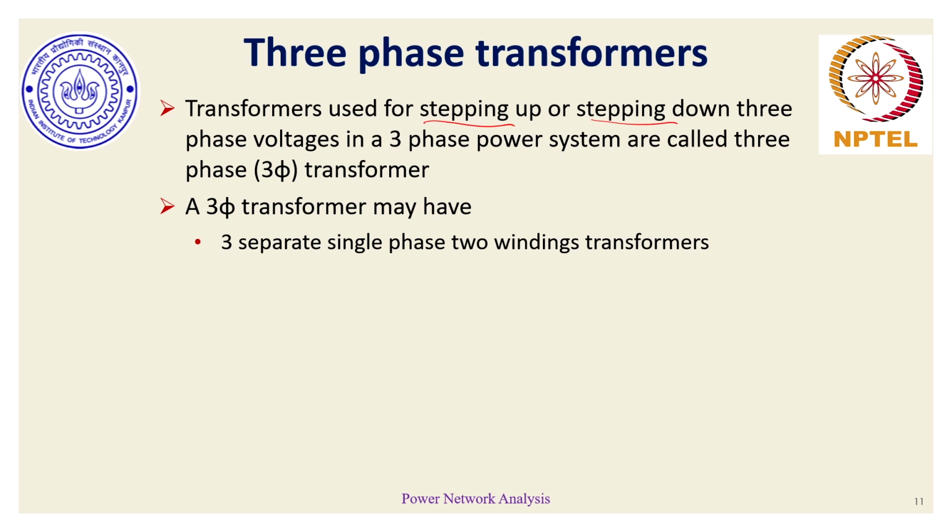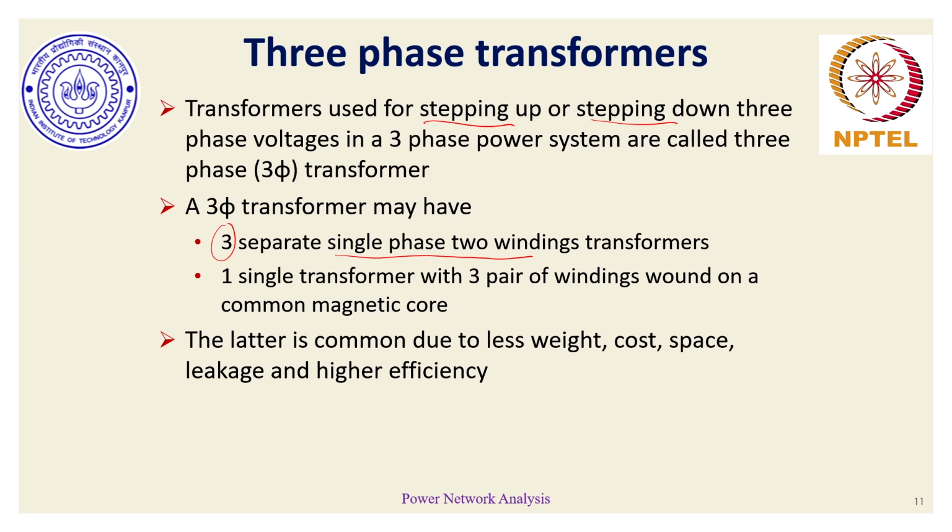One common straightforward way is to have three separate single phase two-winding transformers, one transformer for each phase. Or the other way could be to have a single transformer core across which three pairs of windings are wound on a common magnetic core.